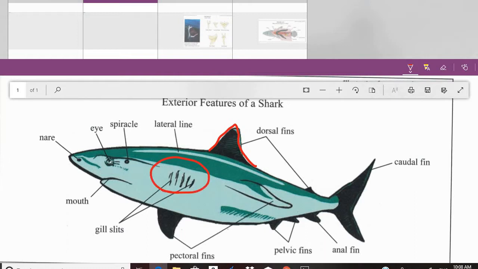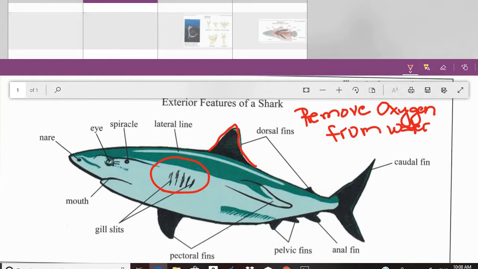When that happens, the shark will remove oxygen from the water. So that's how they get their oxygen, and they will place carbon dioxide into the water. So remember, CO2 is waste.